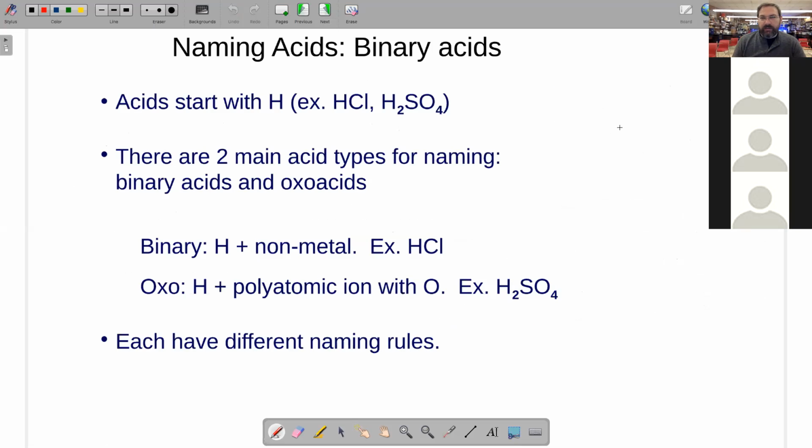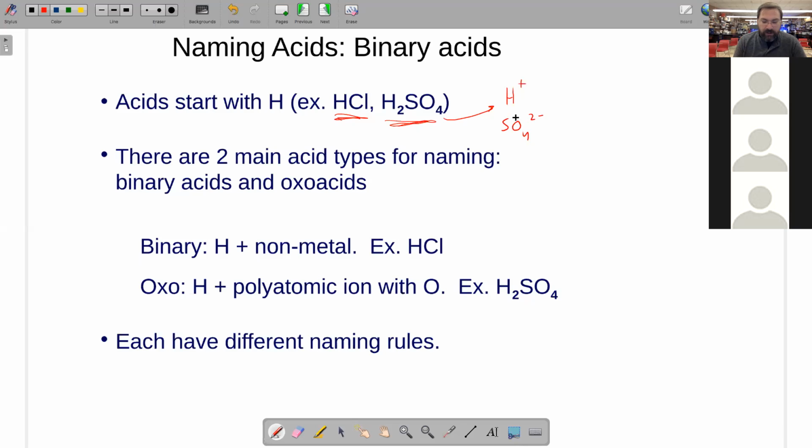The simple thing to know about acids is they're compounds that begin with hydrogen. The compounds we wrote before, like HCl, we would write as hydrogen chloride. This one, H2SO4: whenever you look at this formula, it must be from hydrogen and from SO4 2-.